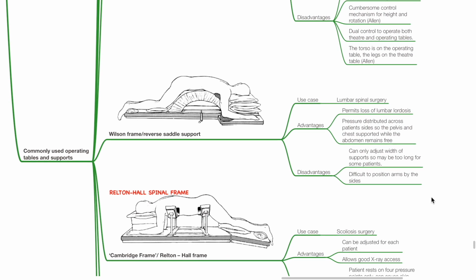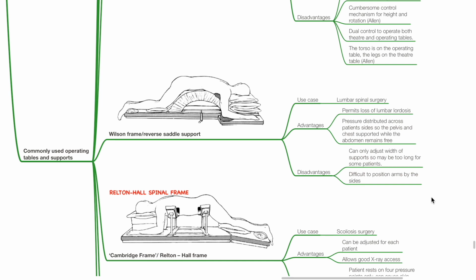Wilson frame or reverse saddle support. Use case: lumbar spinal surgery. Advantages: it permits the loss of lumbar lordosis. Pressure is distributed across the patient's sides, so the pelvis and chest are supported while the abdomen remains free. Disadvantages: it can only adjust the width of supports, and this may result in the supports being too long for certain patients.